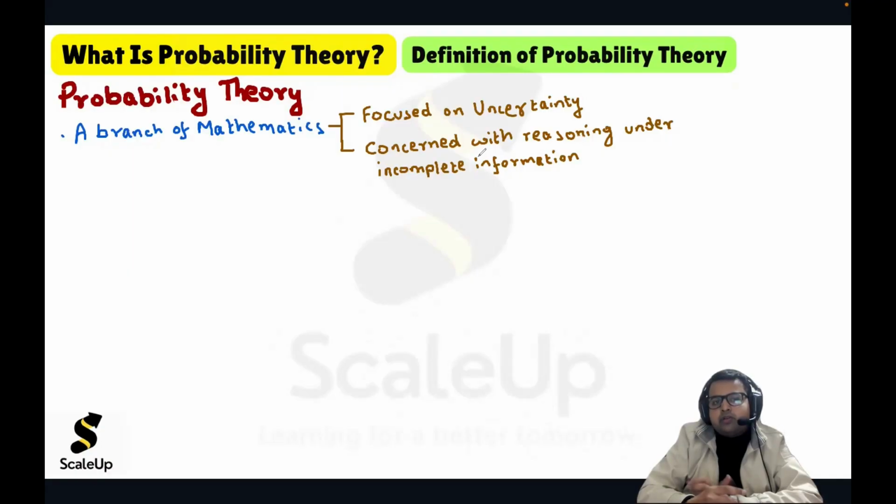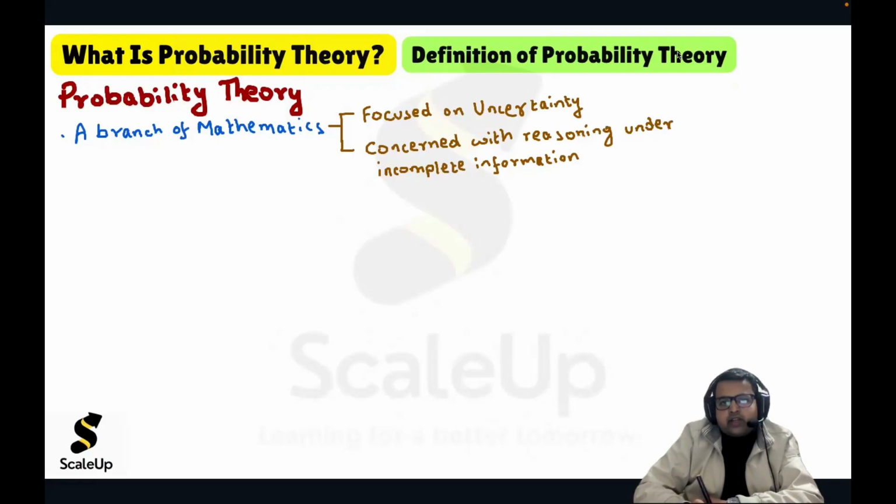Let us suppose billions of emails exist in the world, but for training we will take only a few millions. So we are taking a subset or a sample from the population, and hence we are dealing with incomplete information. Because of that, probability theory comes into the picture. It helps us in reasoning under incomplete information because it is focused on uncertainty.